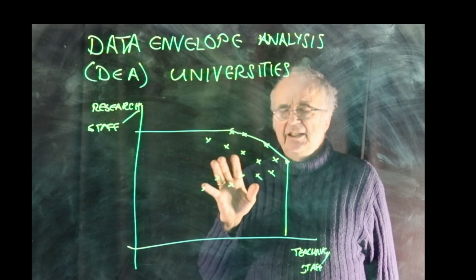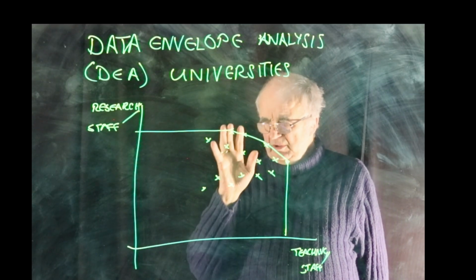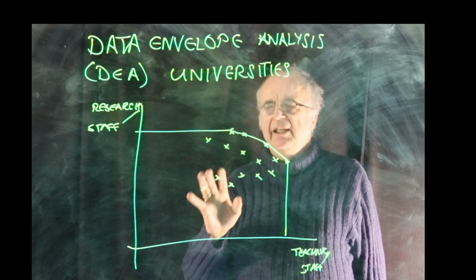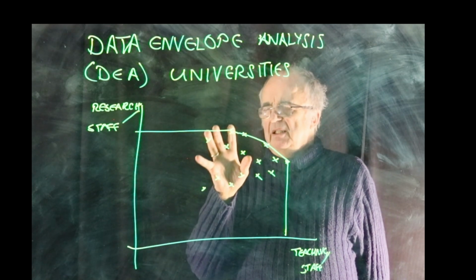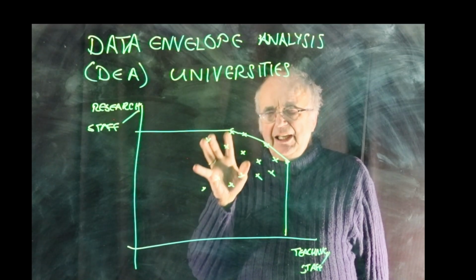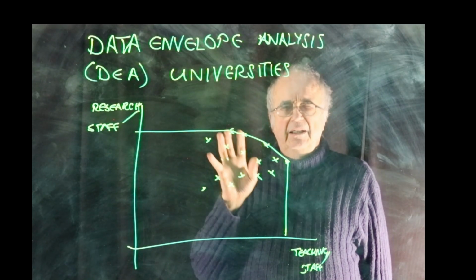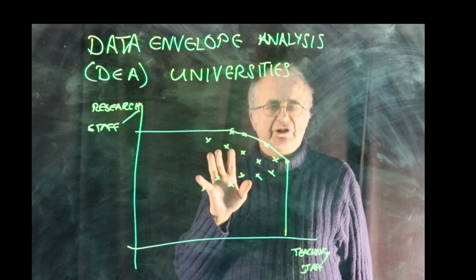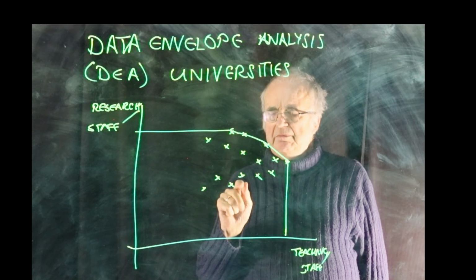And what you get if you draw that league table, now we draw a league table in a different way. We draw the league table in terms of the DEA score rather than in terms of the inputs and outputs that the Times originally measured in making their own league table. You get a very different league table.